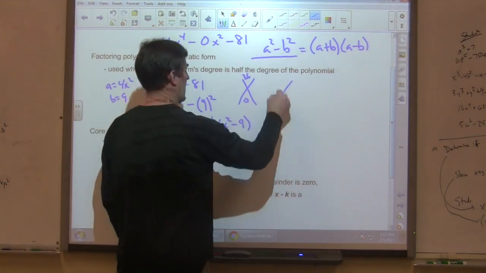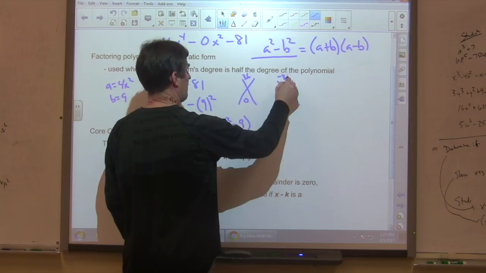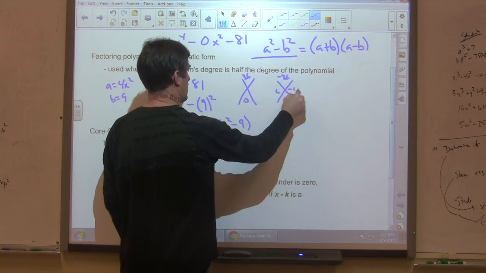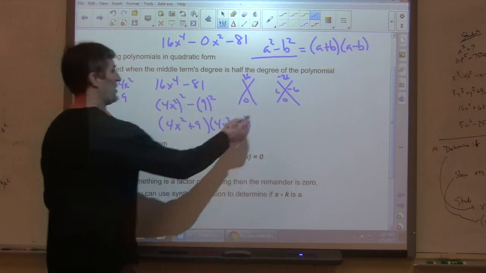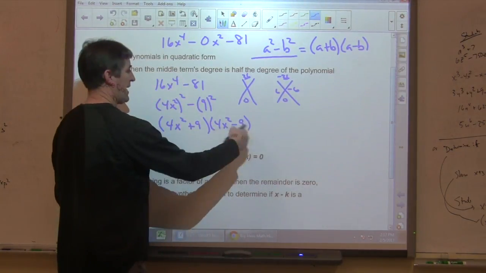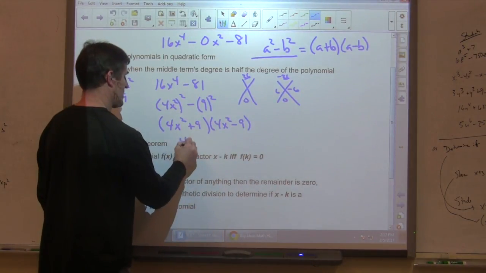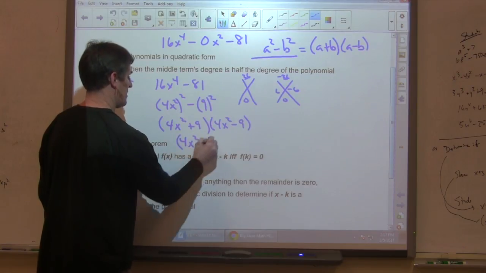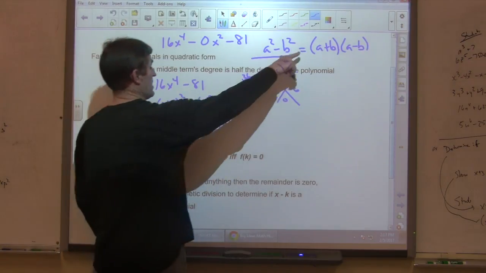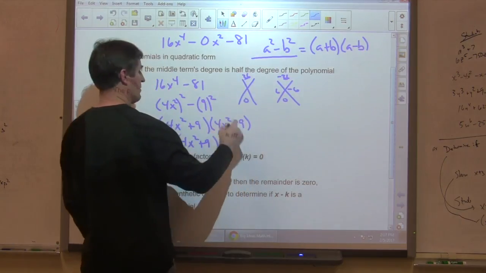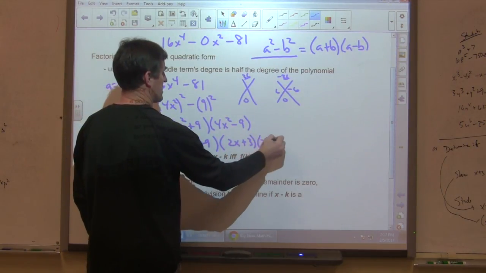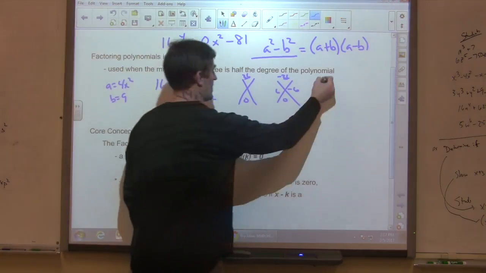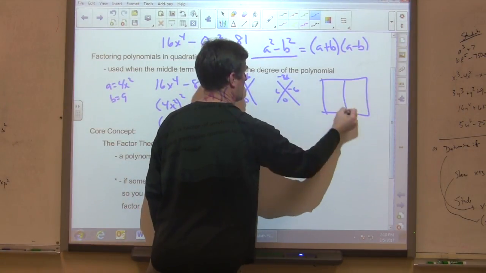But on this one, I can use the x method because I get negative 36 and 0, which would be 6 and negative 6. But again, then you have to build the box. The idea is that we can recognize that this is the perfect square. So it factors into, using the square root of a squared, 2x plus 3 and 2x minus 3. Again, you can get the same thing if you do the box.